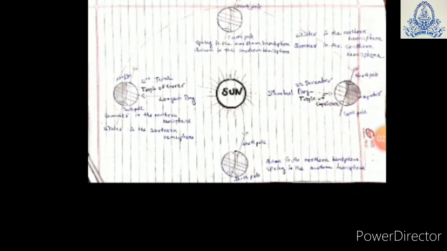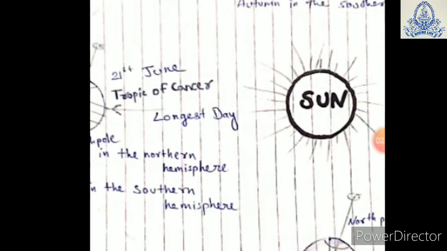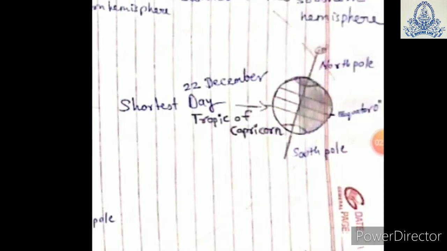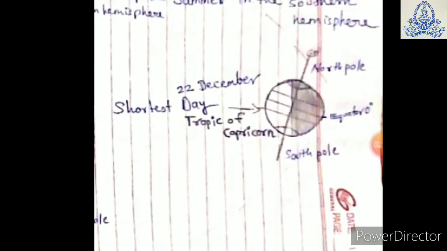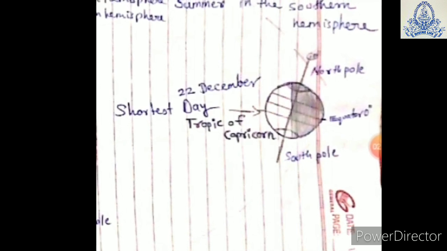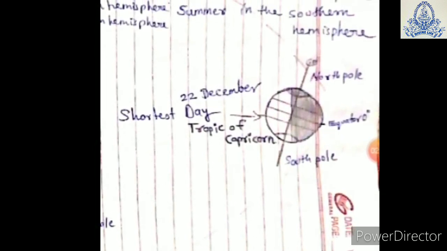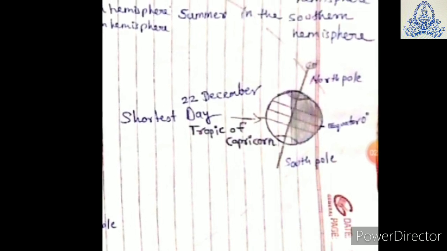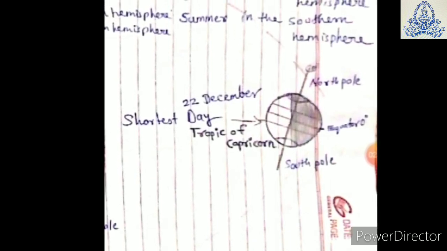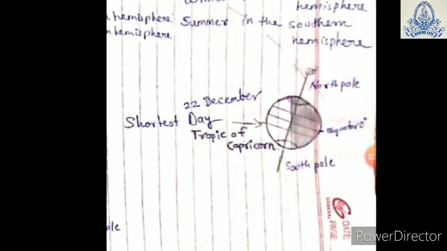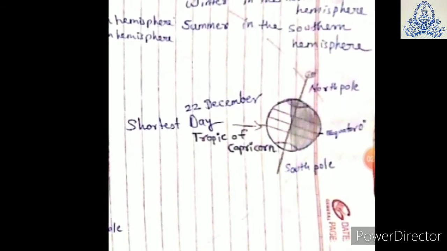We already discussed this in this picture. Here we can see that the northern hemisphere is getting less heat, so the day will be shorter and the night longer. So we can't fix any hours in this.